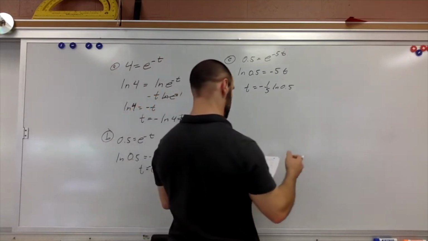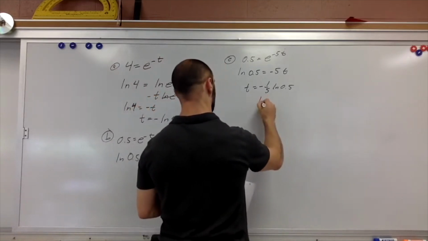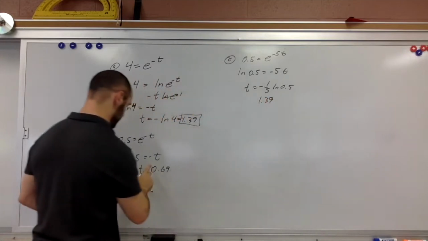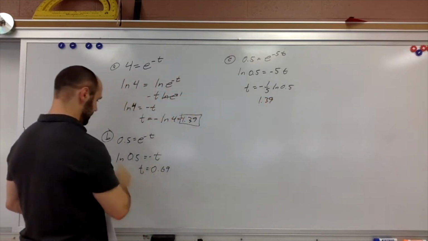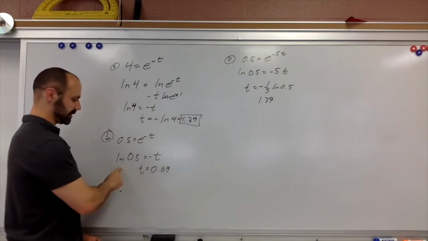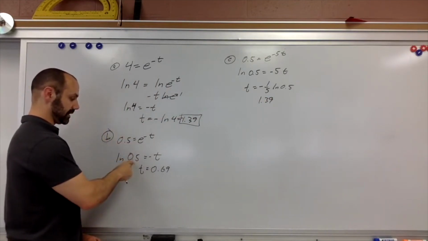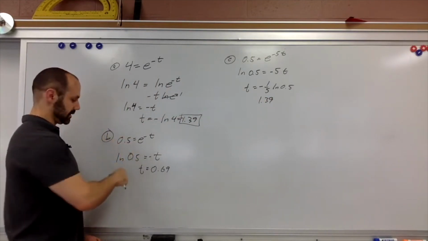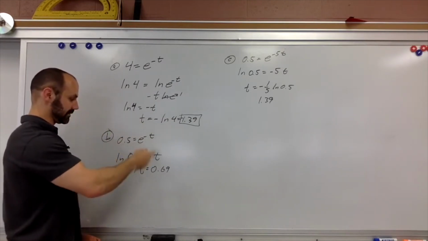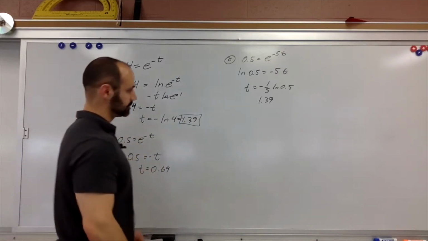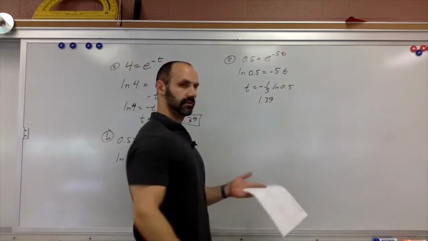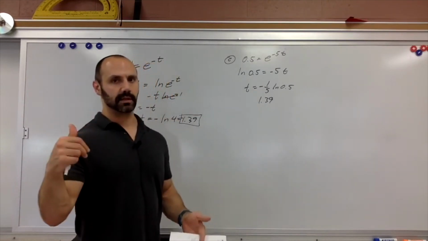So this ends up as 0.139, and this should not be negative, actually. This is going to be positive, right? Because in order to get 0.5, e to the what will give me 0.5? Well, 0.5 is less than 1, and so it has to be a negative exponent. So it's a negative of a negative, and we get that thing, right? Think of logs as just backwards exponents.